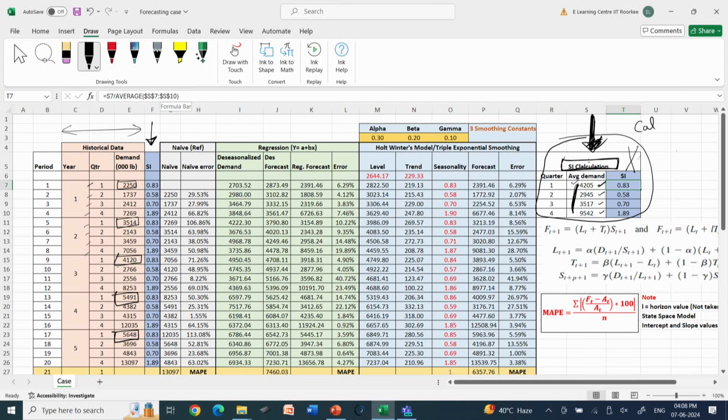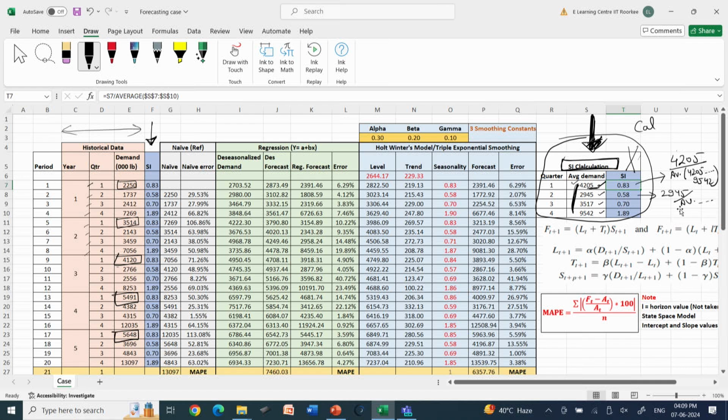The value which we have in this 4205 is like this: 4205 divided by the average of 4205 to 9542. In the same way we have done all the other calculations: 2945 divided by the same denominator, 3517 divided by the same denominator, and 9542 divided by the same denominator.